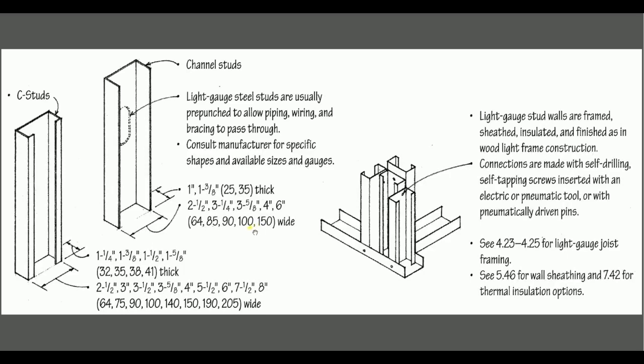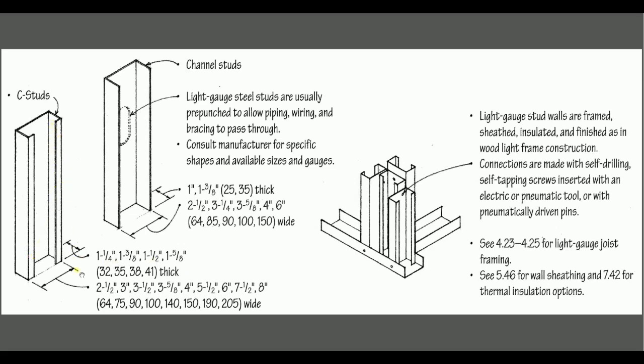This is some typical section here. So this is a C-channel stud. For the C-channel stud, we use several kinds of size depending on the span, the shape of the building, and the place of the building to frame using the C-channel stud.